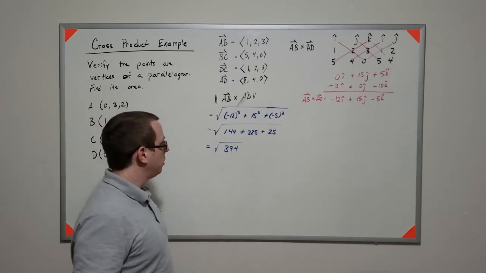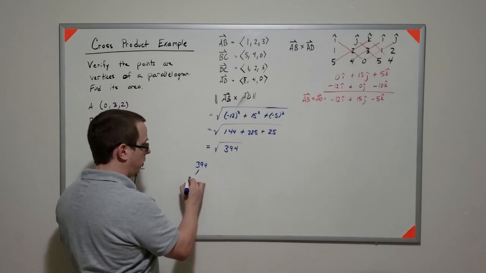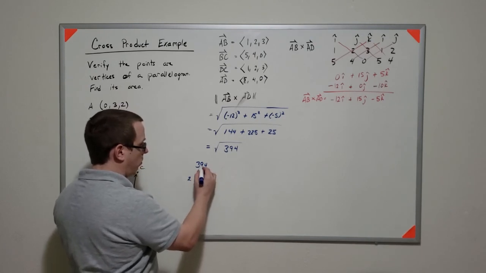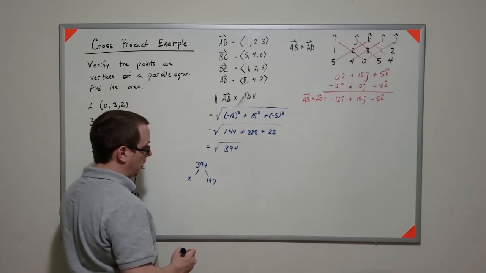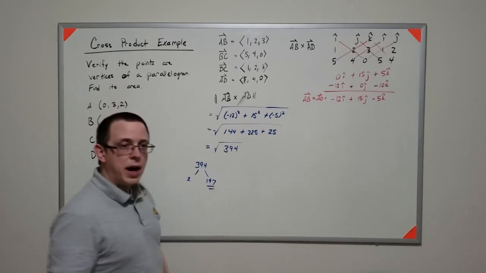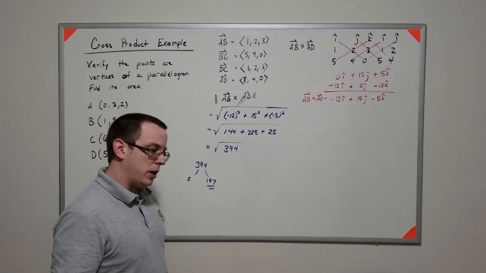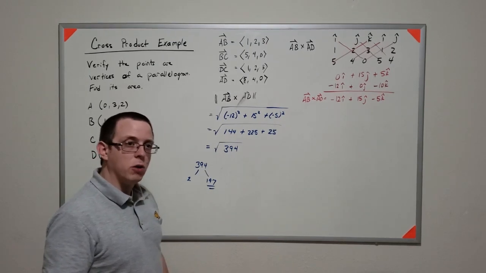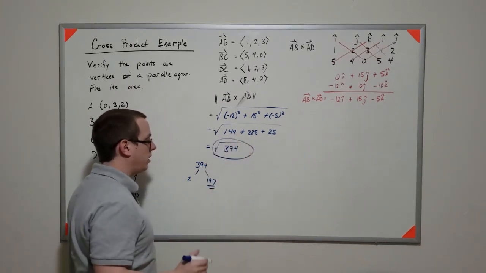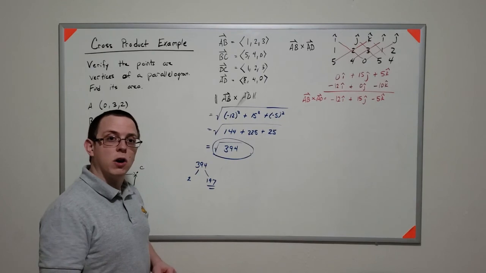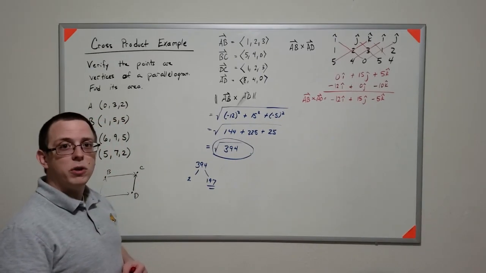And 394 splits into 2, 197. And that might have some sort of factorization, but I am failing to come up with it off the top of my head. So we're going to say that that is our answer. And so that's how we find the area of that parallelogram.